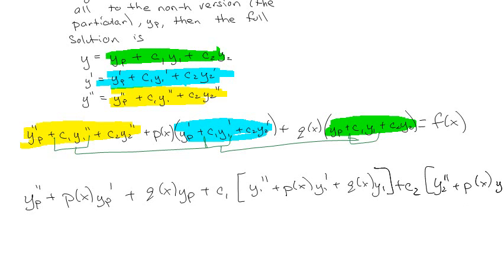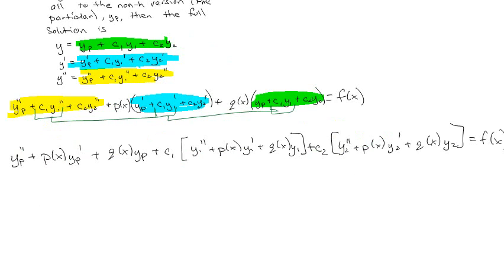So, zoom out again. I've got this giant thing. Because y1 is a homogeneous solution, it automatically has to equal 0 by definition. This is also a homogeneous solution, so it equals 0.